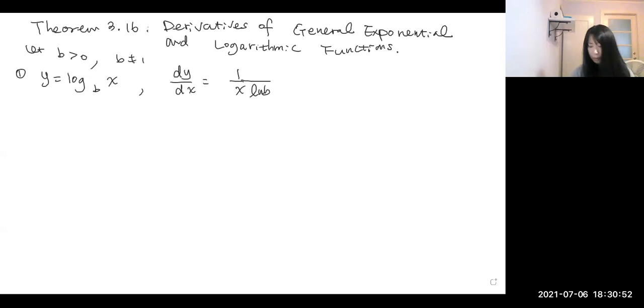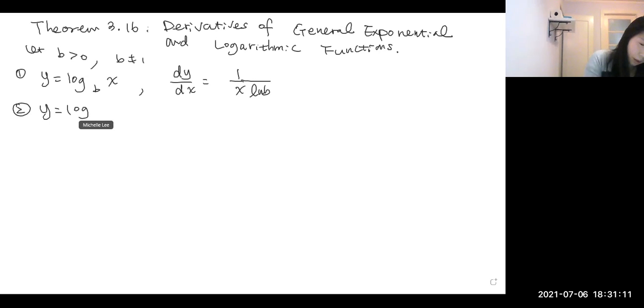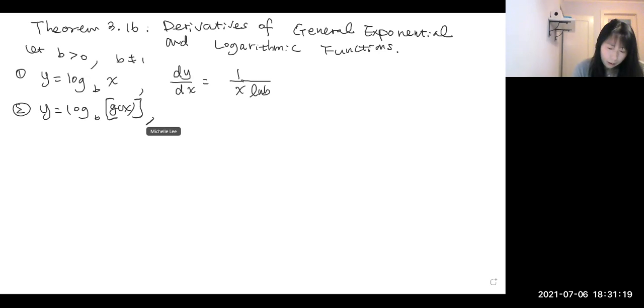Okay, so second one, we don't have a nicer function like that, right? So we're always using the chain rule. So second one, y equals log base b of g of x. How about that, right? Then this is the same thing. dy over dx, same. 1 over, bring down g of x. Then ln b, right?